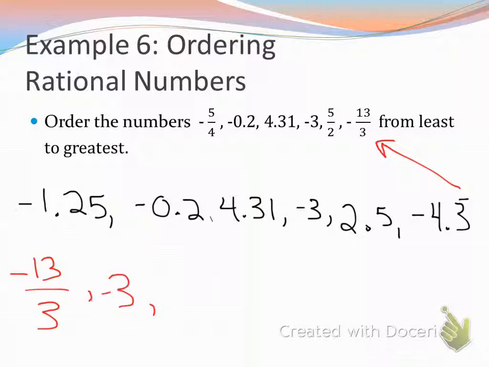What about my next smallest number? Negative 5 over 4. Very good. What about my next smallest number? Negative 0.2. What about my next smallest? 2.5. And then my largest number will be 4.31.